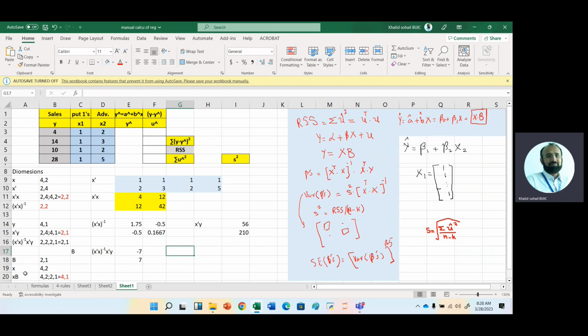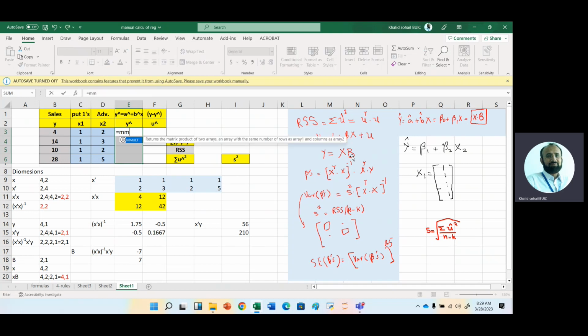So basically the formula is X multiplied by B, beta, with the help of matrices. X dimension is 4 into 2 and B dimension, which we have just calculated, is 2 into 1. When we multiply X into B, the dimension should be 4 into 1, and we will get Y hat in this way. First, we calculate Y hat by multiplying the X matrix with the beta matrix.